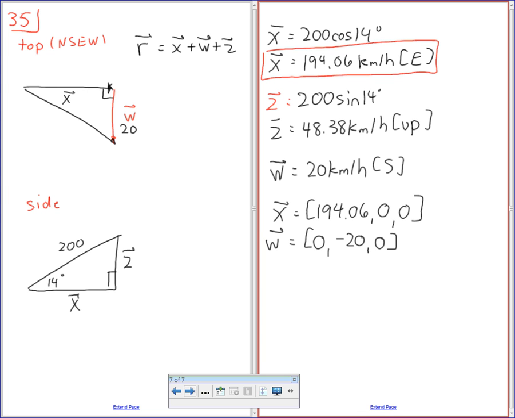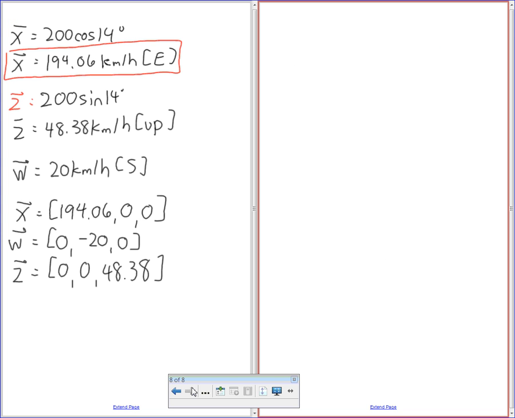Can someone be nice now and give me my Z vector, please? 0, 0, 48.3. Wonderful. Okay, I'm going to say that R is going to equal X plus W plus Z. Can somebody named Matt tell me please what vector R is going to equal?